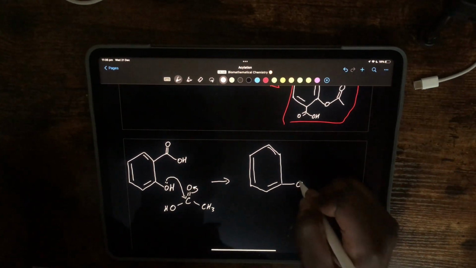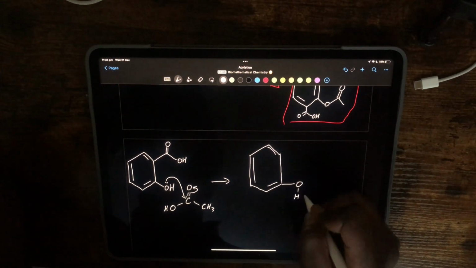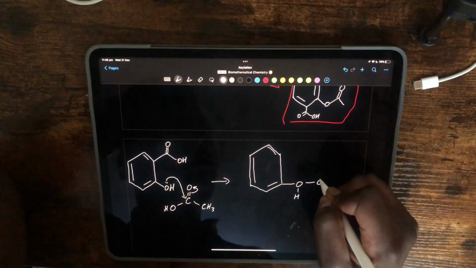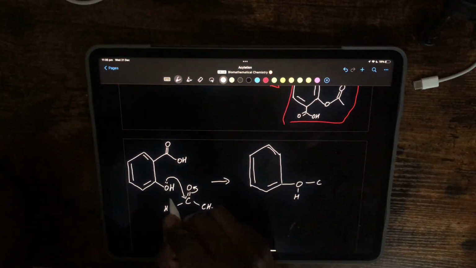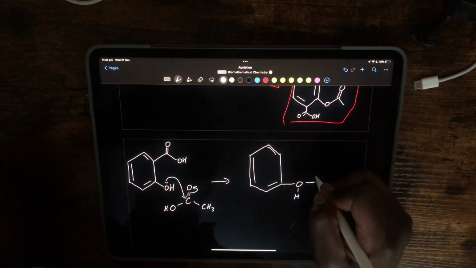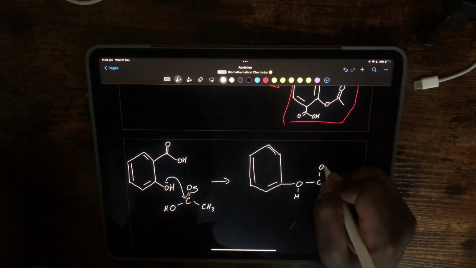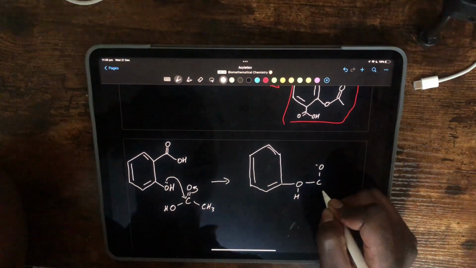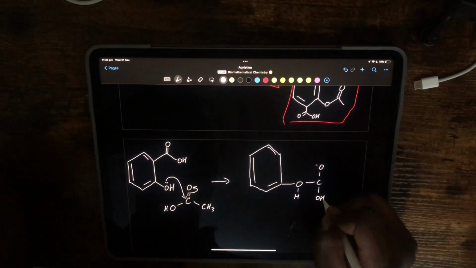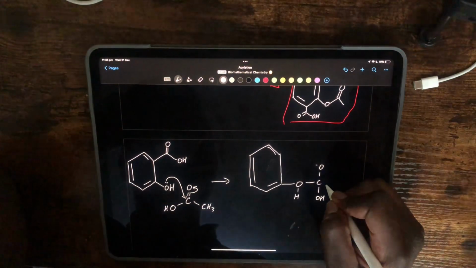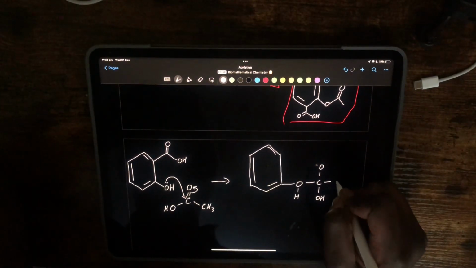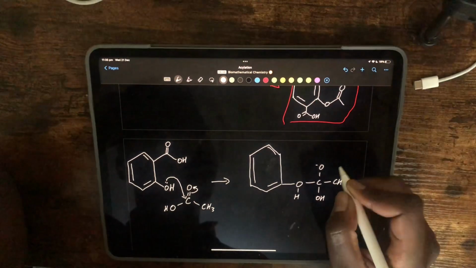If you can't do it at an angle, you can just do it straight up, because it makes it easier for you to see exactly what's going on. OH here, CH3.